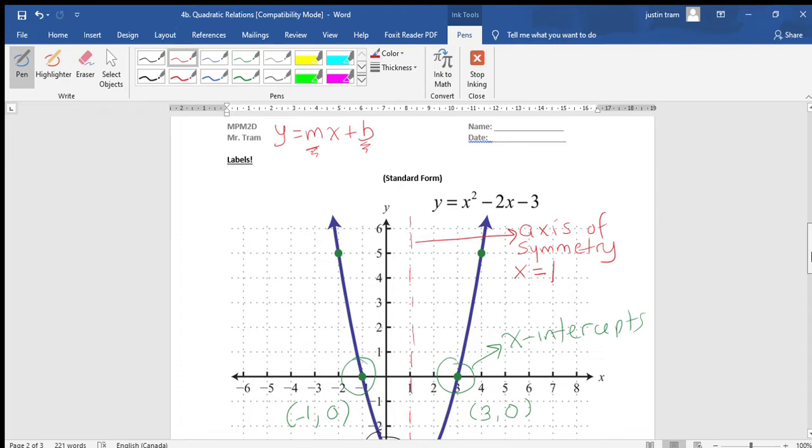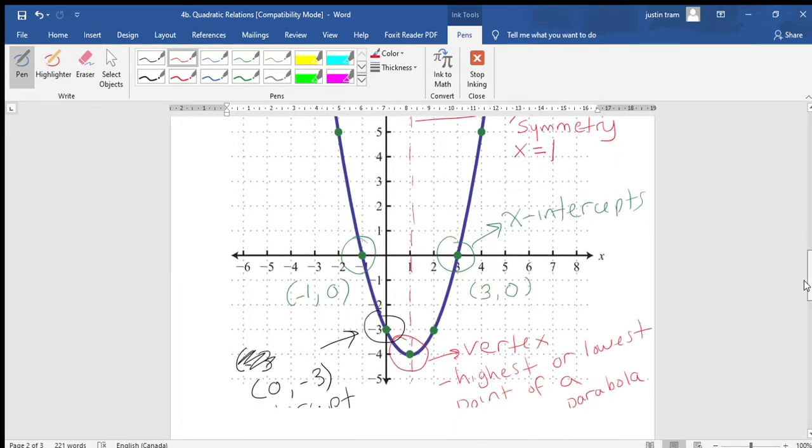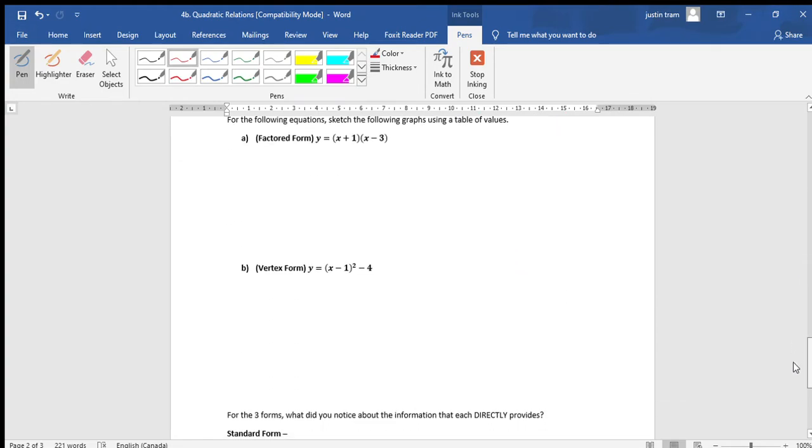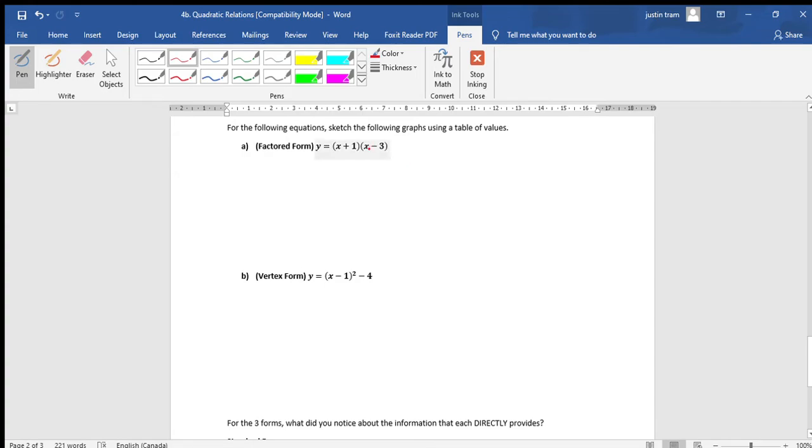So just like the lines, with quadratic functions, let me just scroll down, we are usually given the equation of a quadratic function in one of the 3 forms: standard, factored, or vertex.